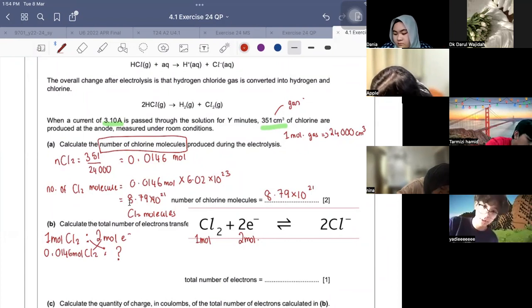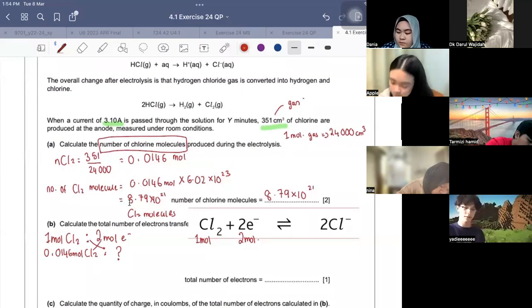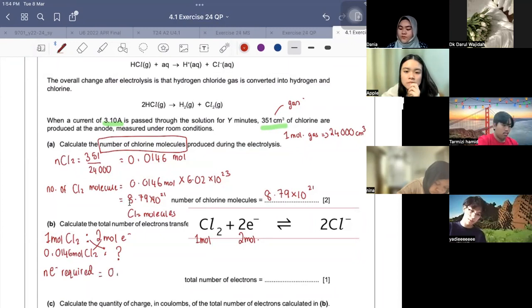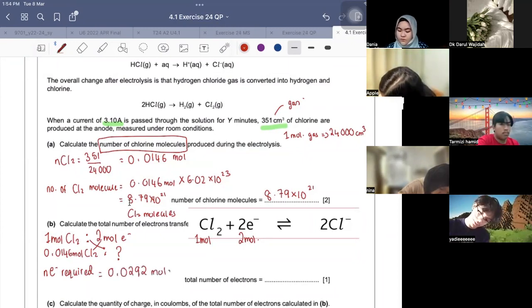So that means it's 0.0146 times 2. So number of moles of electrons required is 0.0292 moles. Are we okay so far?